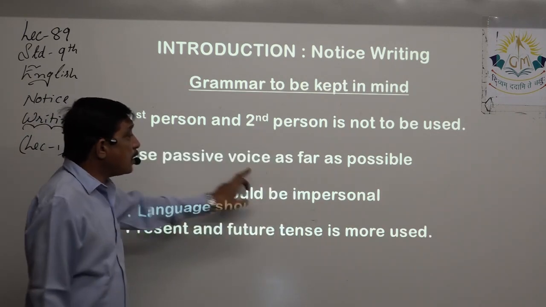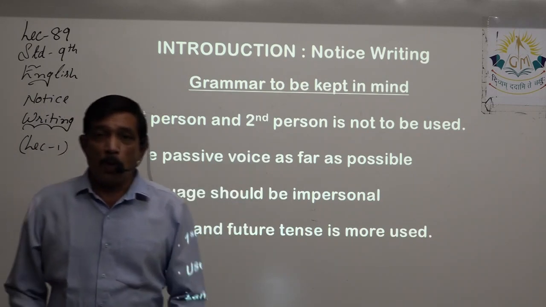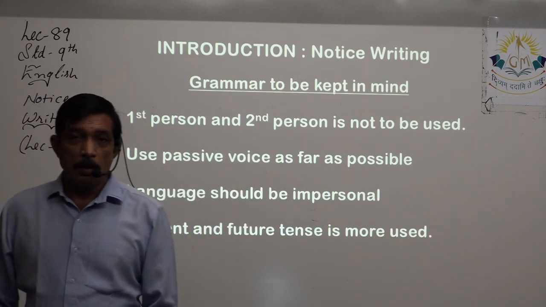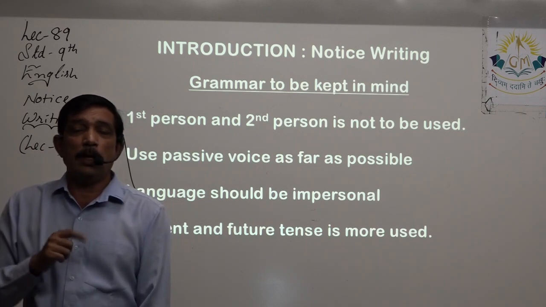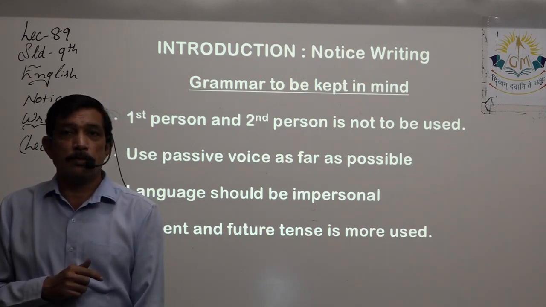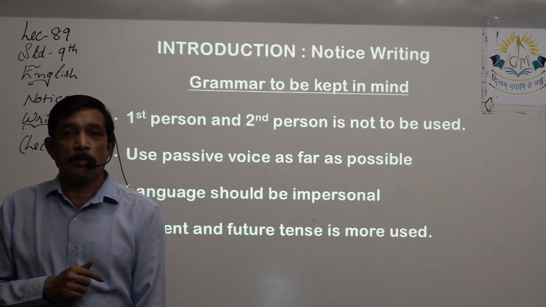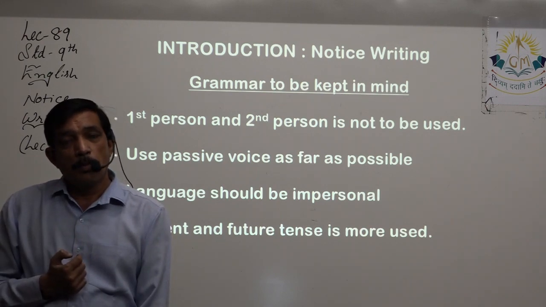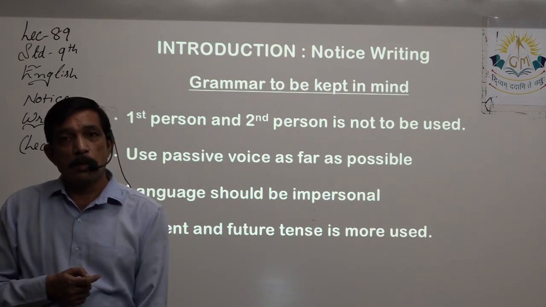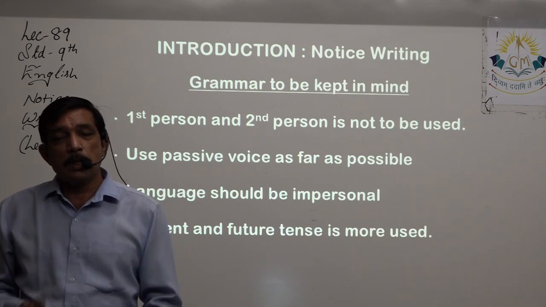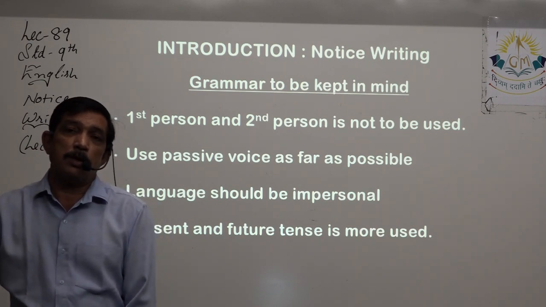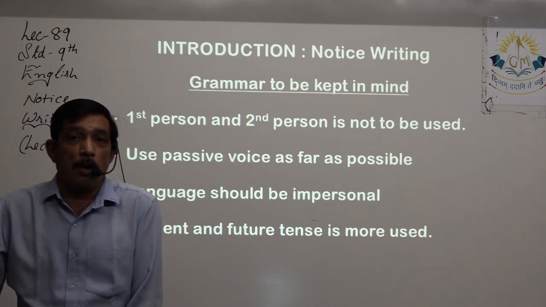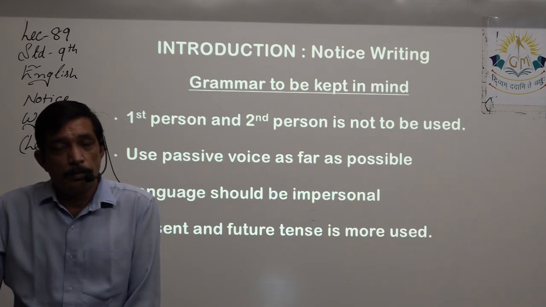Next, use passive voice as far as possible. "You collect from me," that is active voice. "You submit your names to me," that is active voice. No. As we discussed earlier, the application forms can be collected from the undersigned.